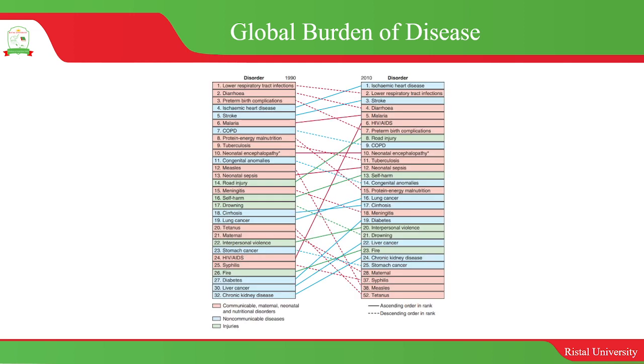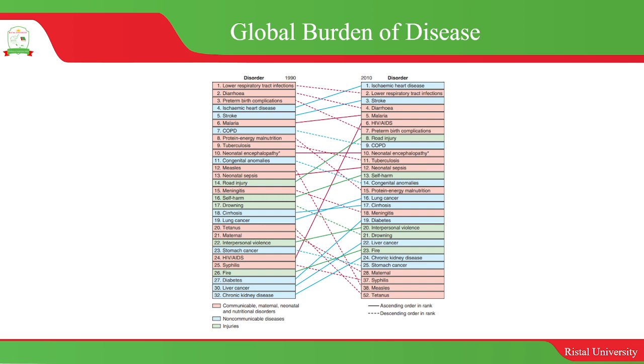So earlier on, I said that with the global burden of disease, you can be able to know the trends, what is happening. So in this slide, we can see that the leading cause of death has been changing over years. Okay, so in the early 1990s, lower respiratory tract infections were the leading cause of death.